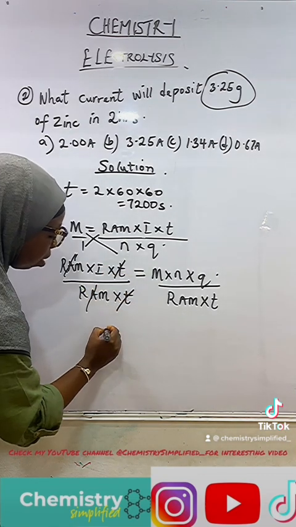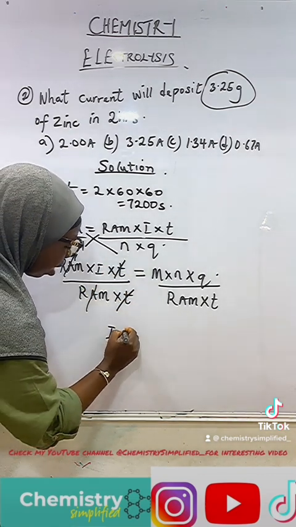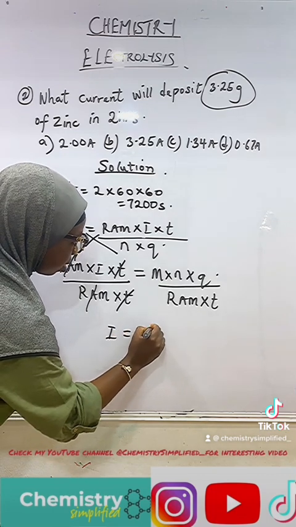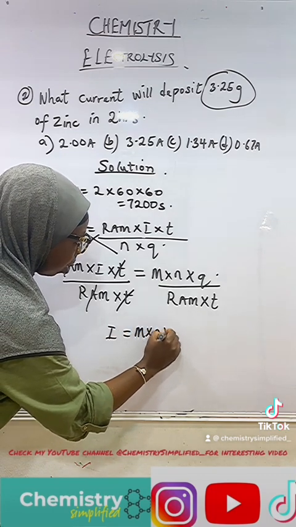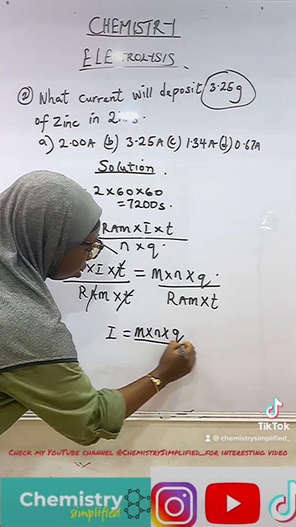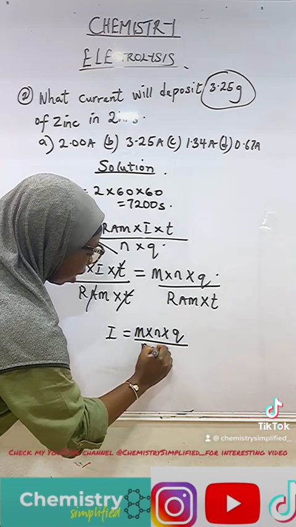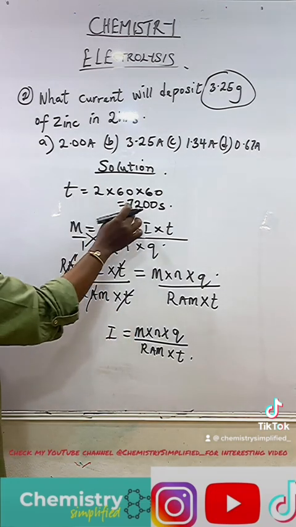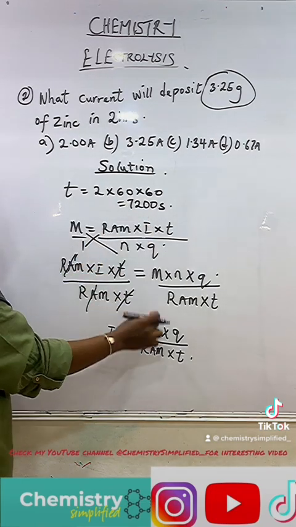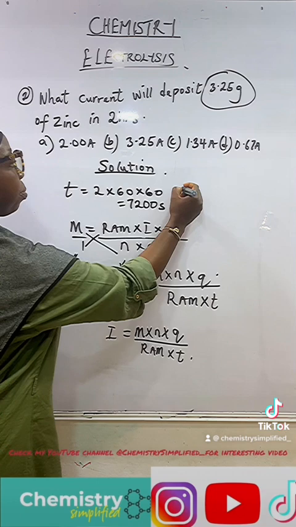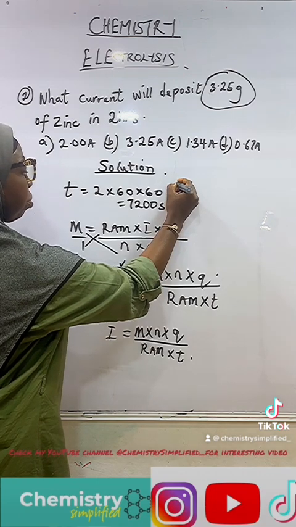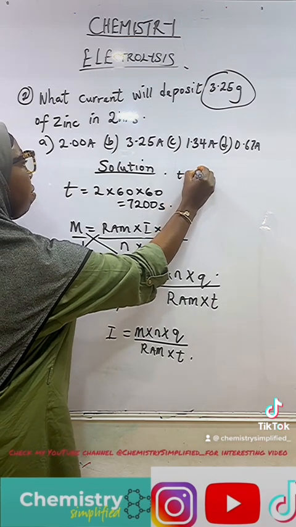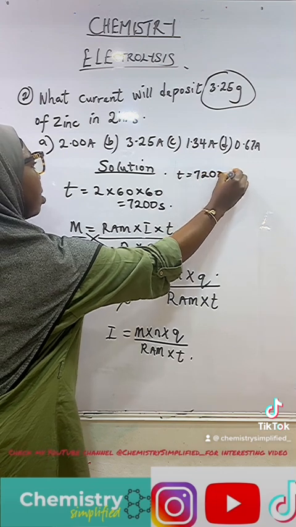So eventually, I'm going to have my I, which is my current, equals mass multiplied by number of charges, multiplied by Faraday constant, all over relative atomic mass times time. We already have our time, my T, equals 7,200 seconds.